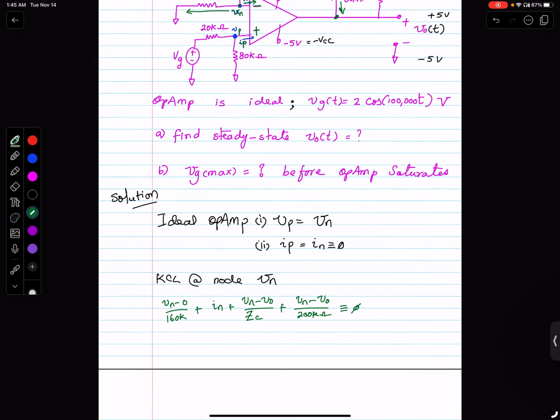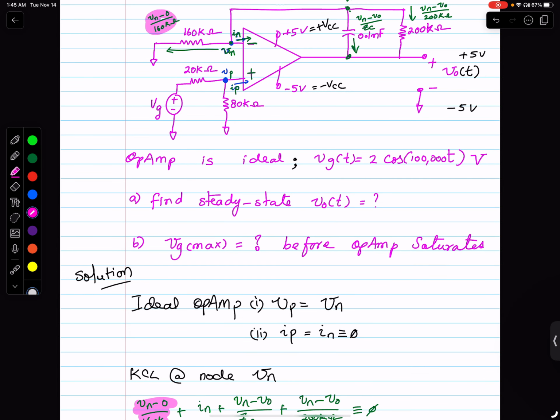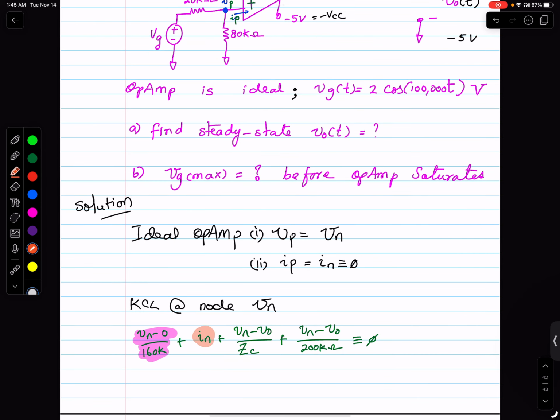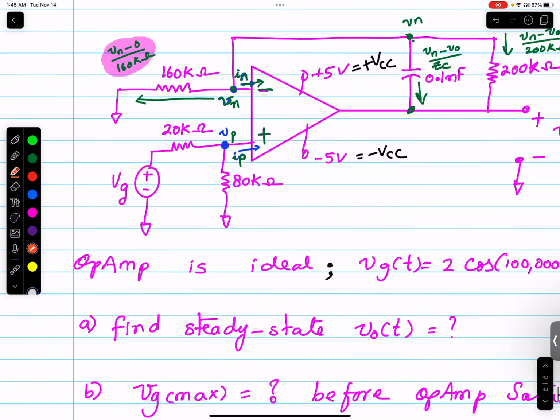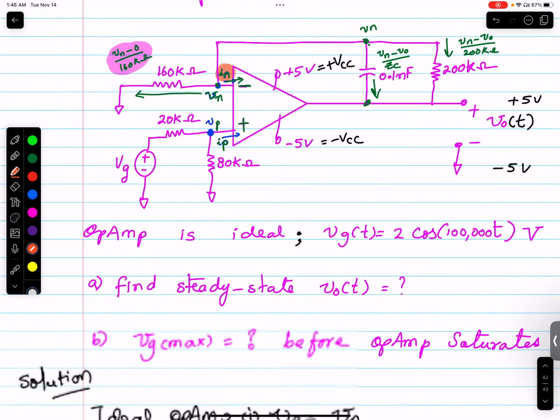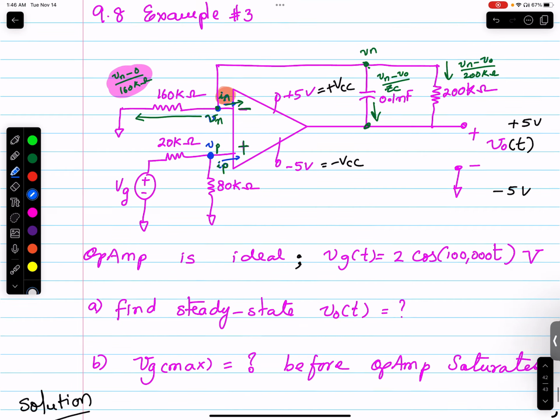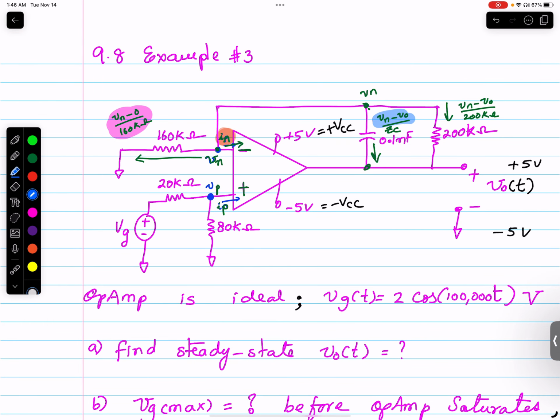I copied this from my notes, but you see there is a one-to-one correspondence. This guy is the same as this guy. Now, similarly, this In is right here. Similarly, that branch current right there is Vn minus V0 by Zc.